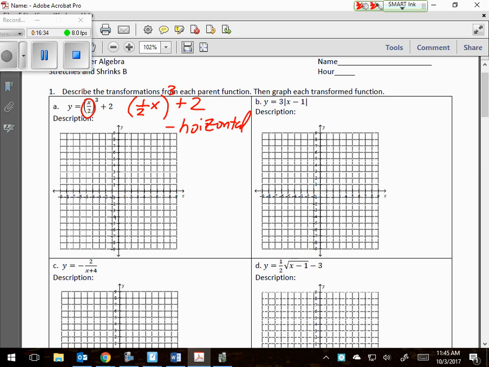It seems like it should be half as wide, which would be a shrink. So it's actually twice as wide, so it's a stretch. It's always opposite world in there. If it's a half on the inside, that means it's actually going to be twice as wide.